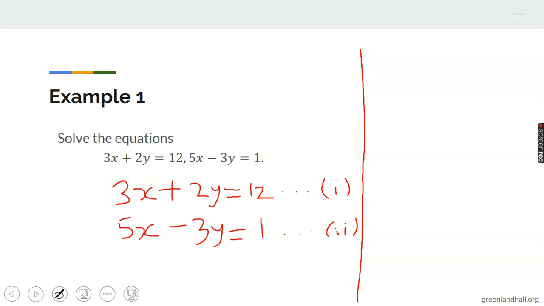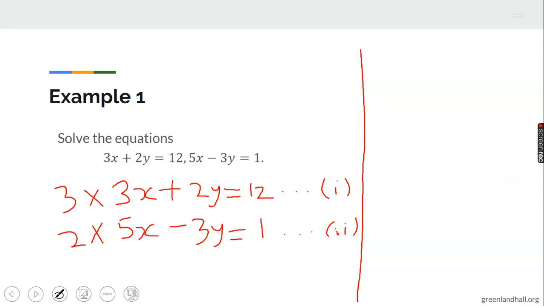Okay? I'm multiplying equation 1 directly by 3, then this one by 2. Now, what will now be our resulting equation?